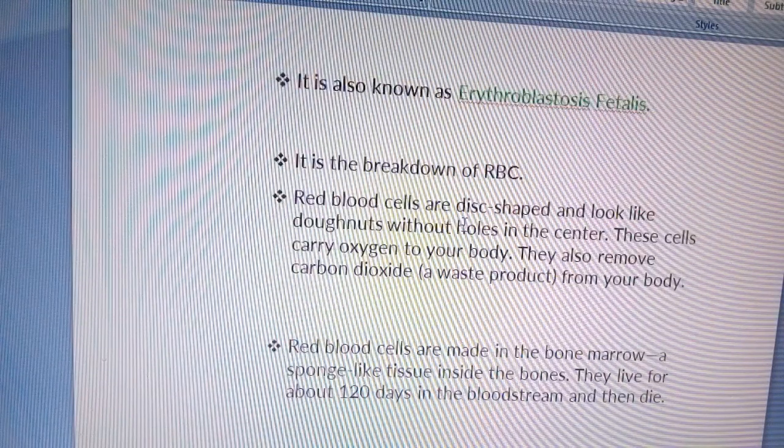It is the breakdown of RBC in a premature condition. Normally the RBC lifespan is 120 days or 4 months, but here RBC breaks down prematurely.